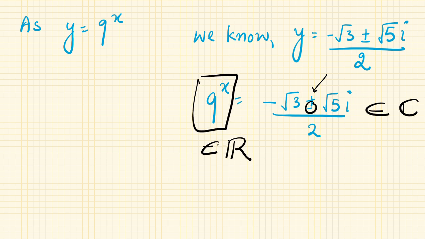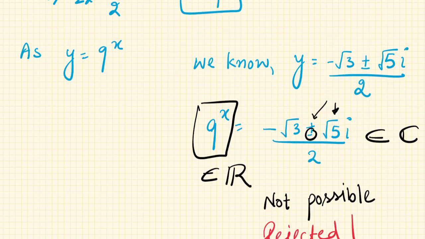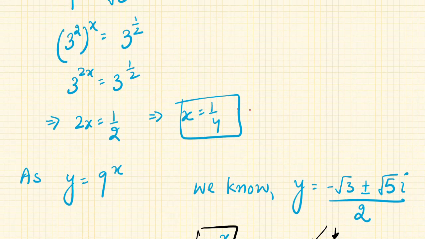So how can a real number be equal to a complex number, when the imaginary part here is not even 0? So not possible. So rejected. Hence, what is the answer? My answer for x is just 1 over 4.